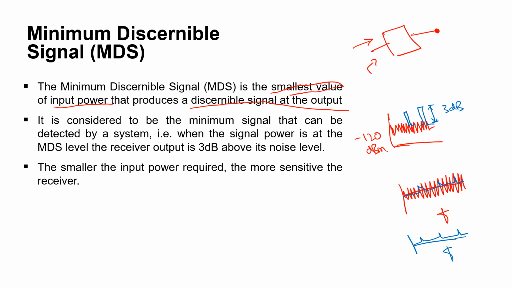So receivers at the base station are these kinds of receivers, whose MDS value is very low and their sensitivity is really high.